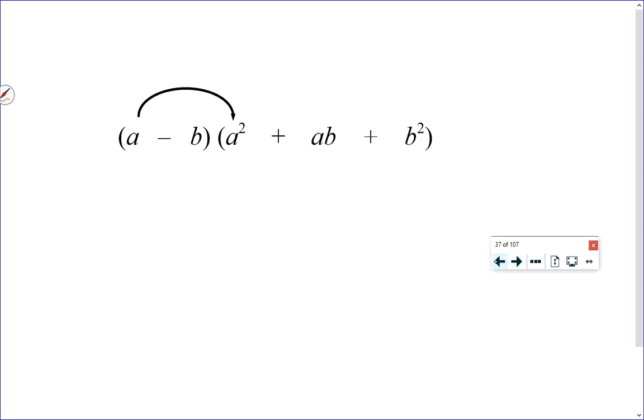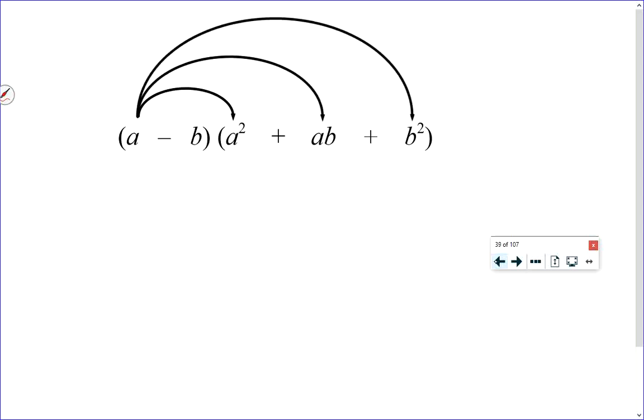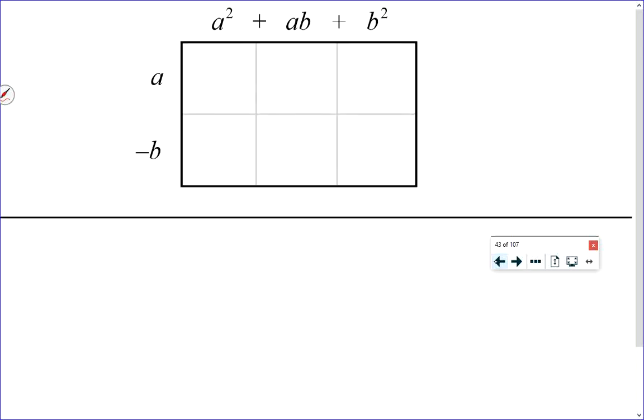You would have to multiply that a in the a minus b by all 3 terms here, and the negative b in the a minus b by all 3 terms here. And although I think most of you can handle that, some people may choose to make a kind of a grid and say, I'm going to take my a minus b on the left and multiply by the a squared plus ab plus b squared.